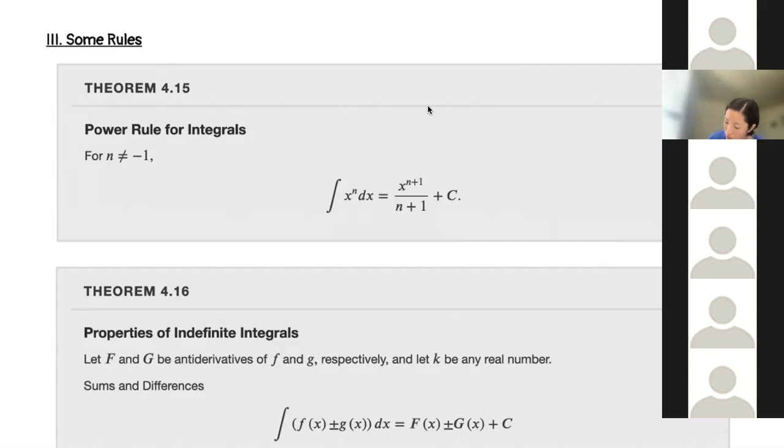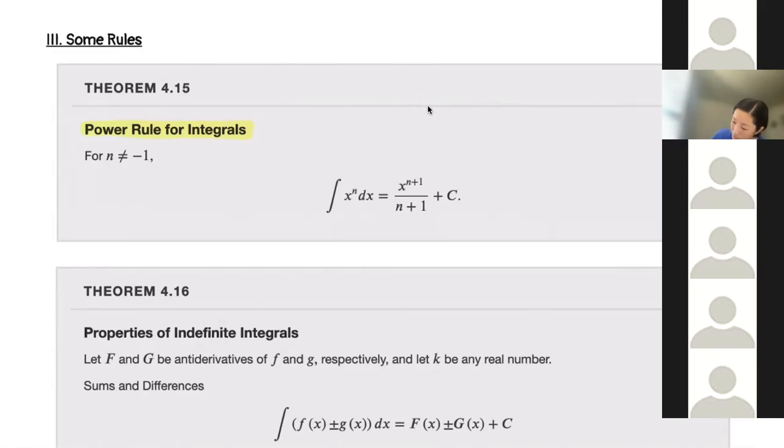And so when we're looking at a few rules here, one of the ones that I want us to walk out of here feeling really confident on is this power rule for integrals, okay? So just like we have a power rule for derivatives, there is a power rule for integrals, and it simply tells us how to go backwards from, here's the derivative, and how do we figure out what function it came from.